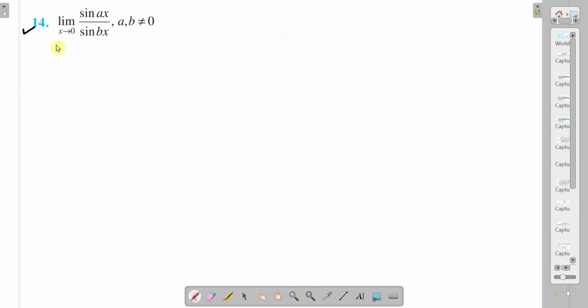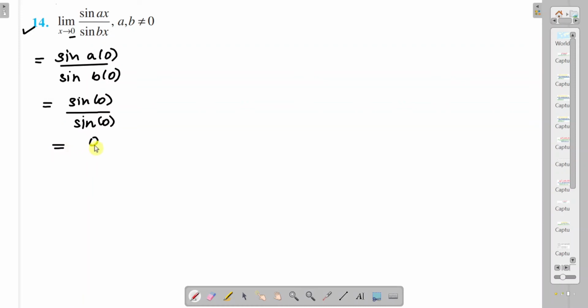Now 14th problem, let us see, limit x tends to 0 sin ax divided by sin bx, okay. Now this is a function which is there, still what we will do, directly substitute first, that is the first step, sin a times 0 divided by sin b times 0, and that is sine of 0 divided by sine of 0.